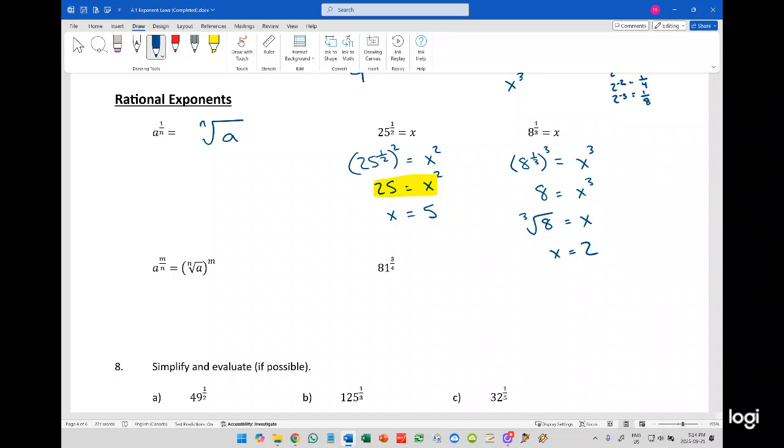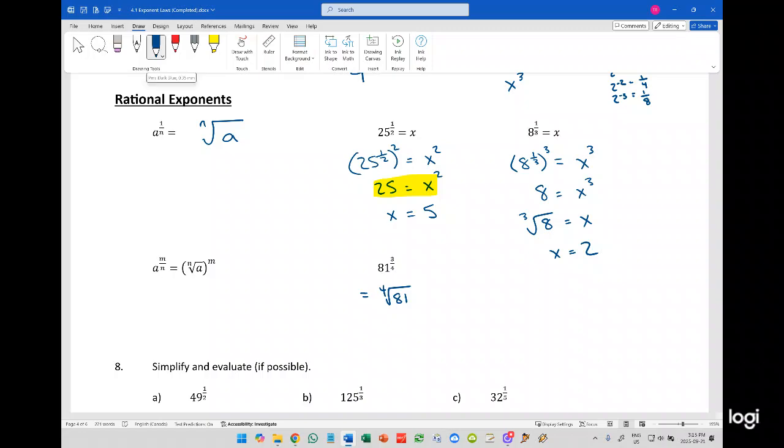Now the next part of this rule looks a little bit harder, but if the fraction happens to be one where it's not a 1 on top, we treat the top part like a regular exponent and the bottom part like a root. That one I've already pre-written down because it's the complicated one. So for this one, we're going to take 81 and take the fourth root of that.